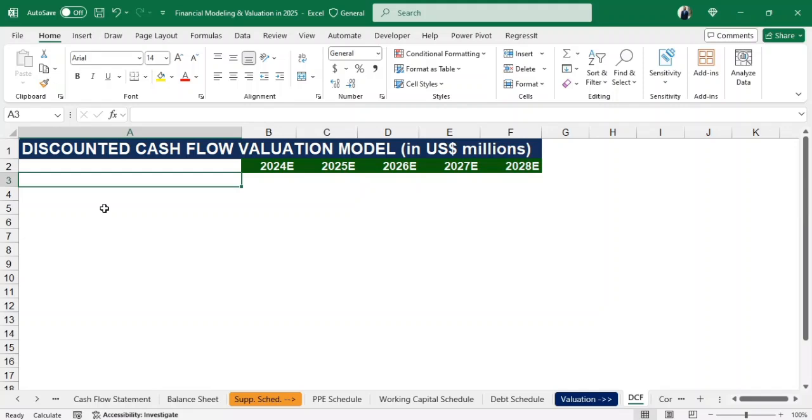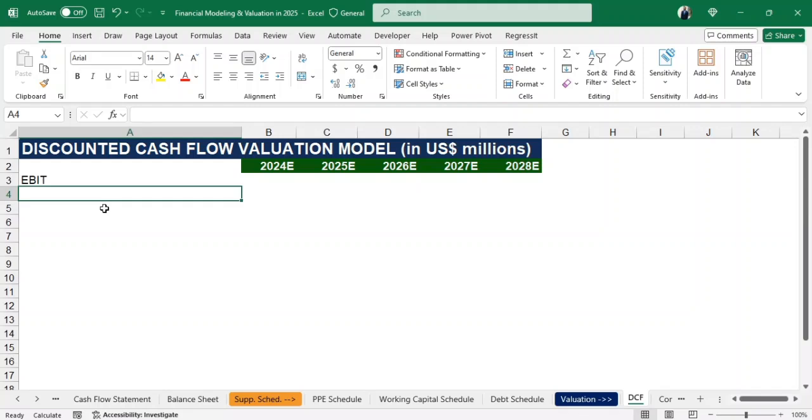Because of this, to calculate our unlevered free cash flows, we start with EBIT. Now, EBIT is earnings before interest and tax. As you can see, this line item comes before our interest and before any dividend payments to preference shareholders and all that.